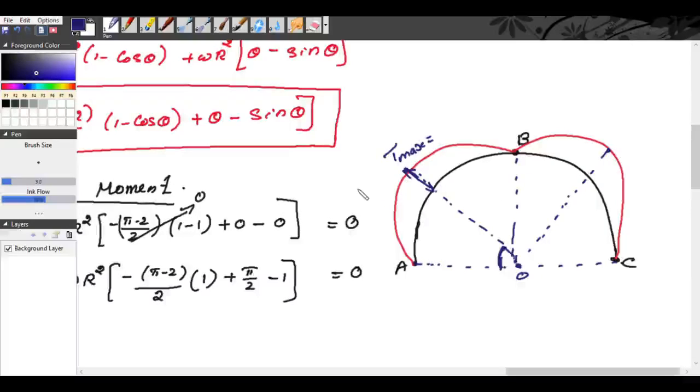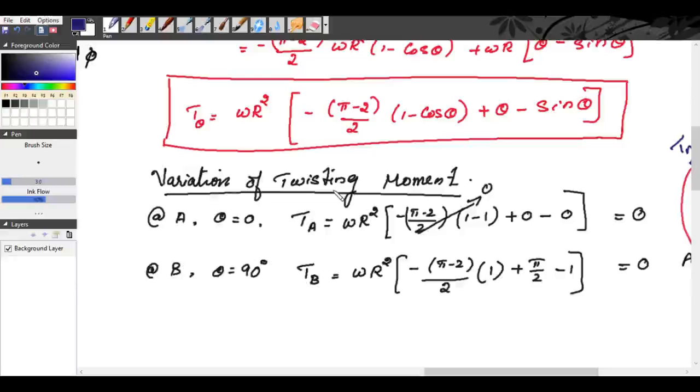Okay. So how will we find the maximum twisting moment? As we did in the bending moment, for the maximum twisting moment we take the differentiation with respect to theta equal to 0. So dT theta by d theta is equal to 0.